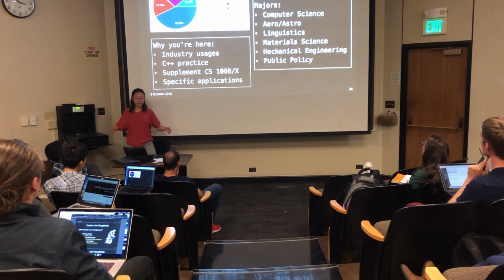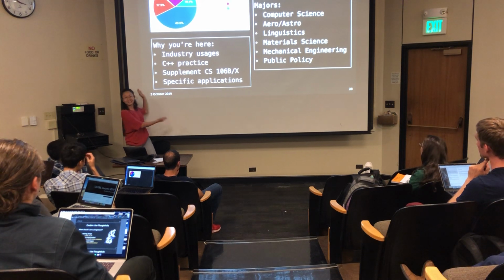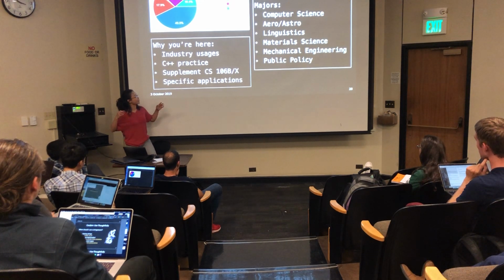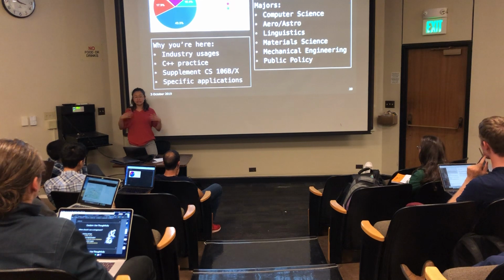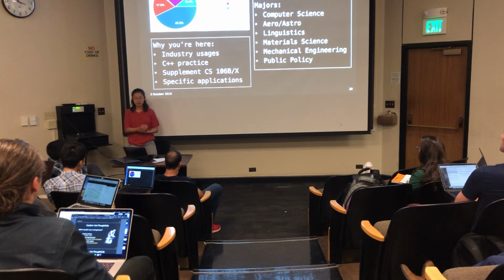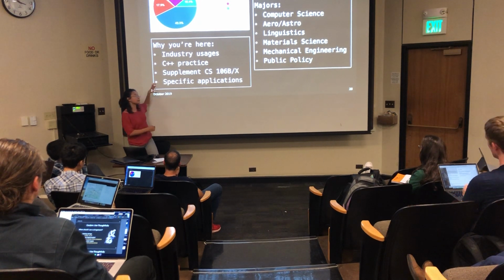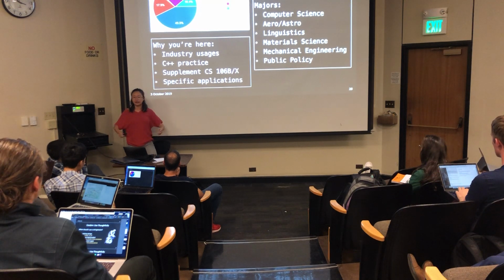And then finally, in case you're interested, this is why you're sitting in this classroom with us today. You want to learn C++ as it's used in industry. You want more practice with C++ as a language. You want to supplement 106B and X, which is a super valid case. And then specific applications.